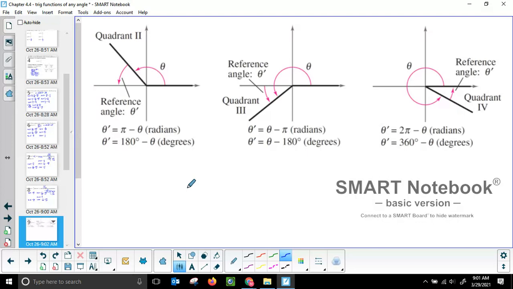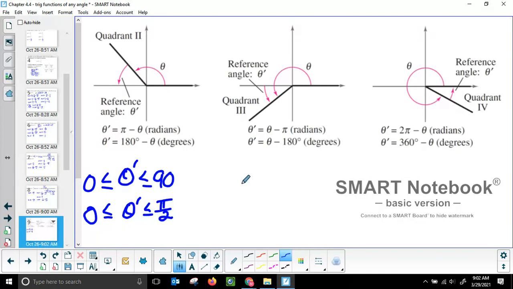So a couple of things that we do need to keep in mind when talking about reference angles. One, the reference angle, theta prime, is always going to be between 0 and 90 degrees, or in radians, 0 and pi. I'm sorry, pi over 2.